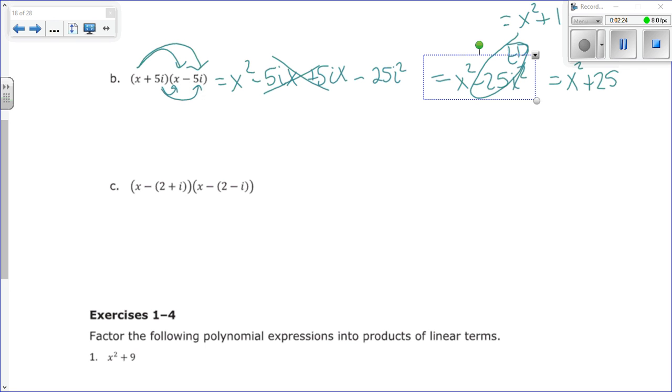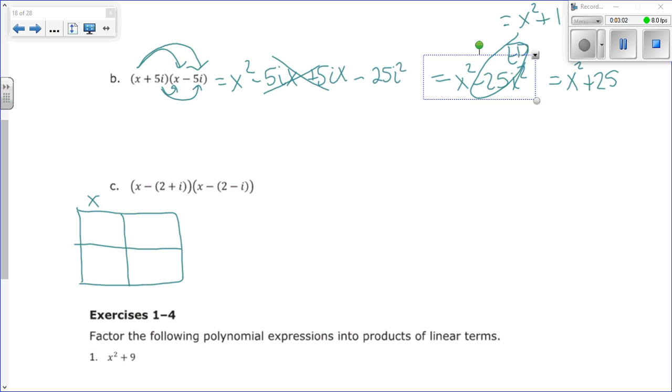This last one is a little bit trickier. I think it might be easier for some of you if we did the box method for this. So if I do the box method, this would be x.